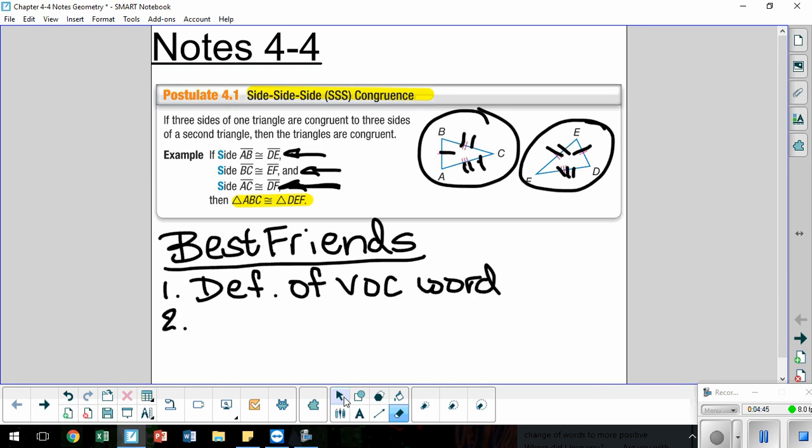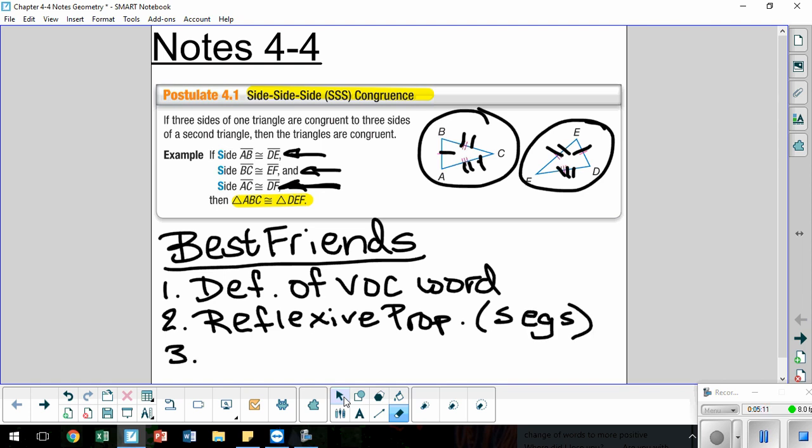The second one is going to be reflexive properties. So really, really important. Those are going to be your best friends. We're probably going to add to them, but for right now, those are going to be your best friends.